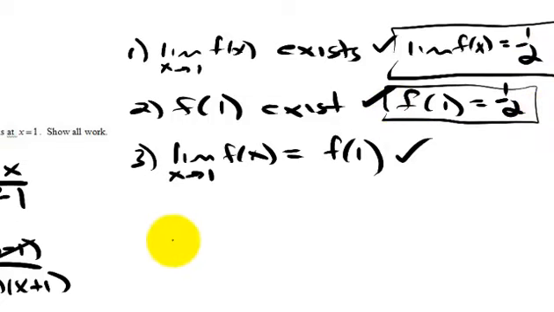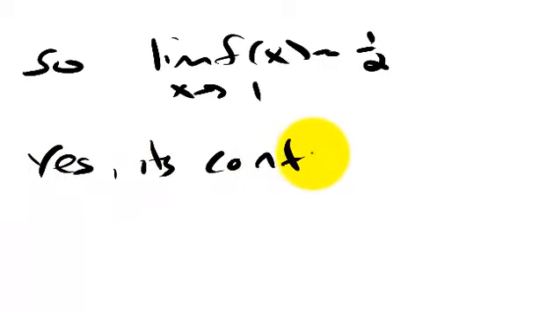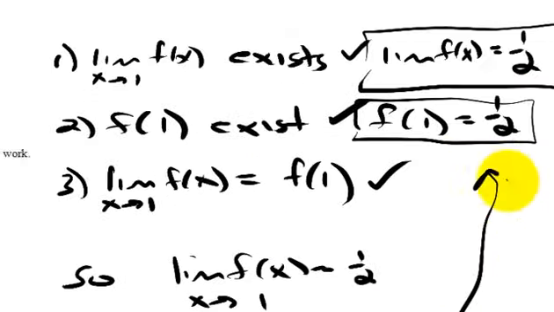So that's a check. So, answer. The limit of f of x equals 1/2. And it is continuous. So yes, it's continuous, because of the 3 conditions which I just satisfied.